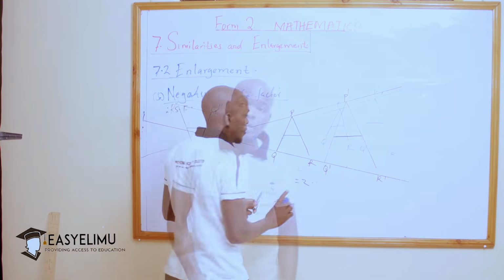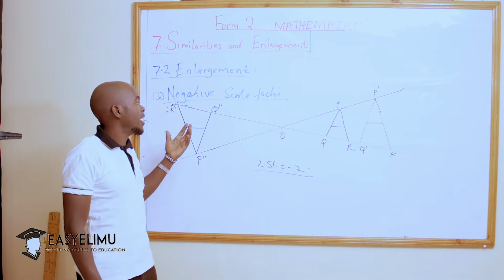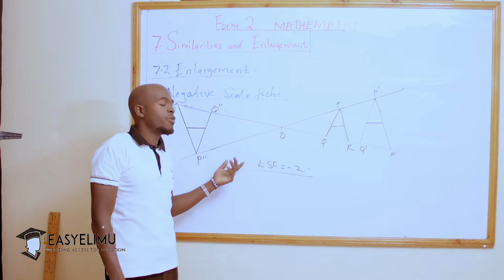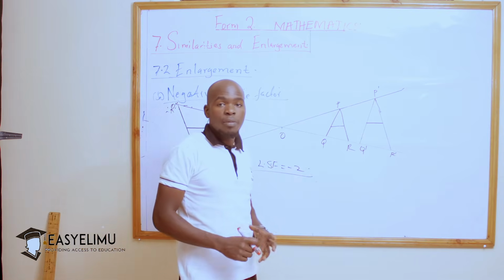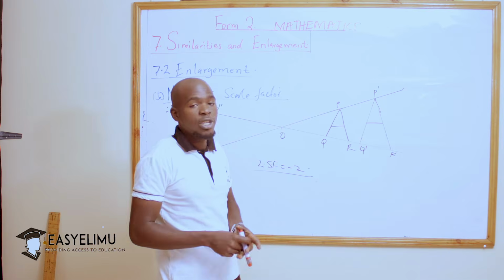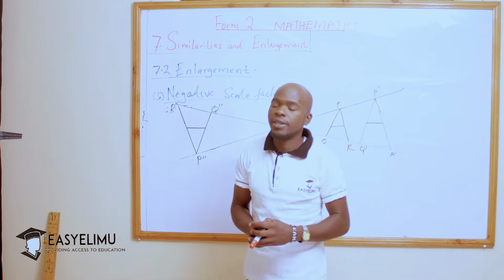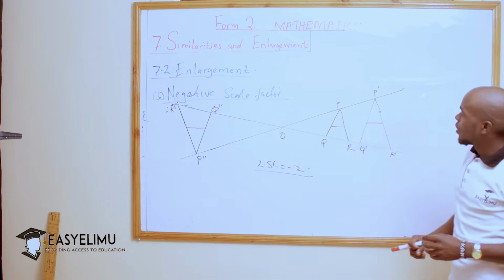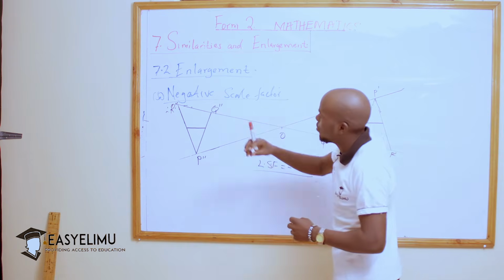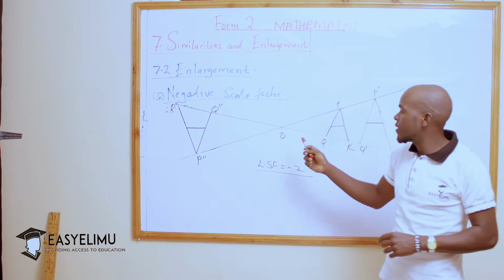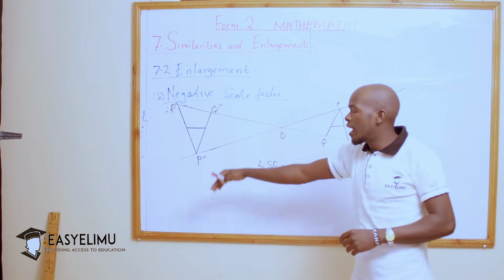From what we have done, we have witnessed that obtaining the negative scale factor of two given figures is just similar to obtaining the positive scale factor of a given image using a given object. So we can simply say that the object and the image formed are on opposite sides of the center of enlargement. This is on this side and the other one is on the other side.